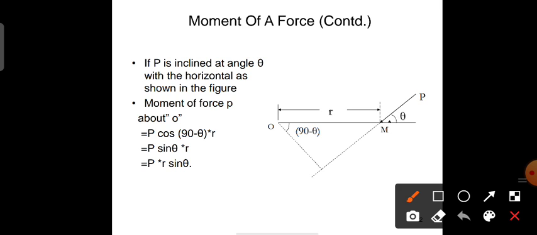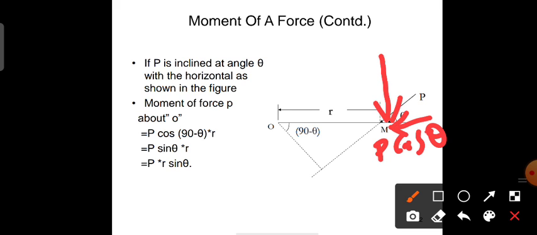The horizontal component of this P is P cos theta, and this one is the vertical component. So the vertical component is P sin theta.